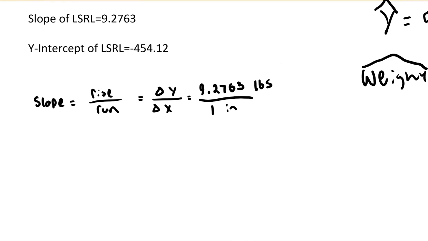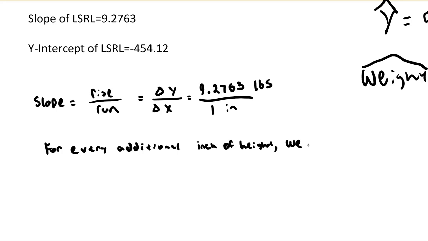So when I write this in a sentence, I'm going to write the following. For every additional inch of height, so every inch of height we add, we predict. Predict is important because this is going back to our regression equation. It's a prediction.